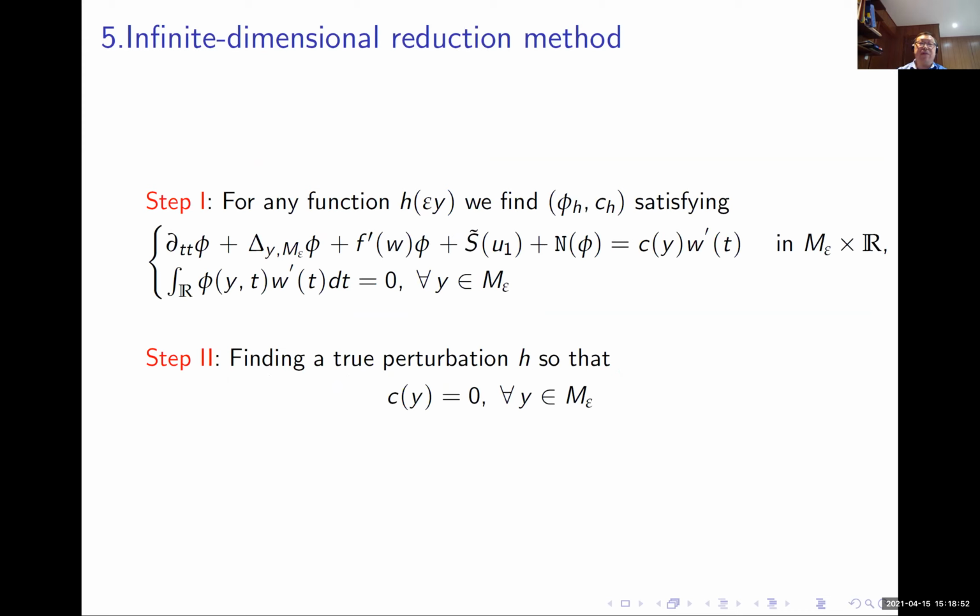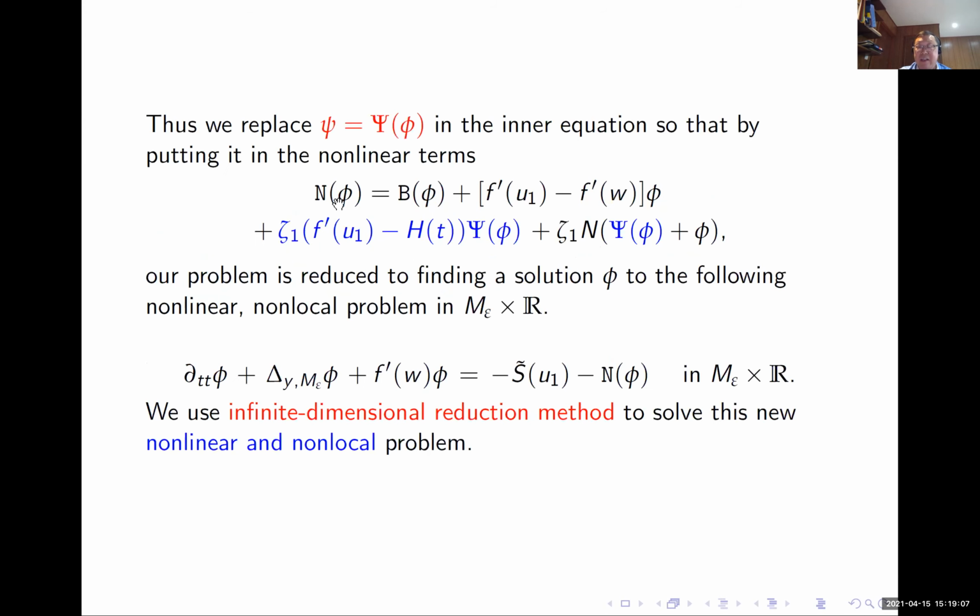So how to solve this reduced inner problem? As before, we solve this problem in 2 steps. Now this problem is defined in M epsilon times R. There's no cutoff, nothing. All the cutoff and everything is in the nonlinear term now.